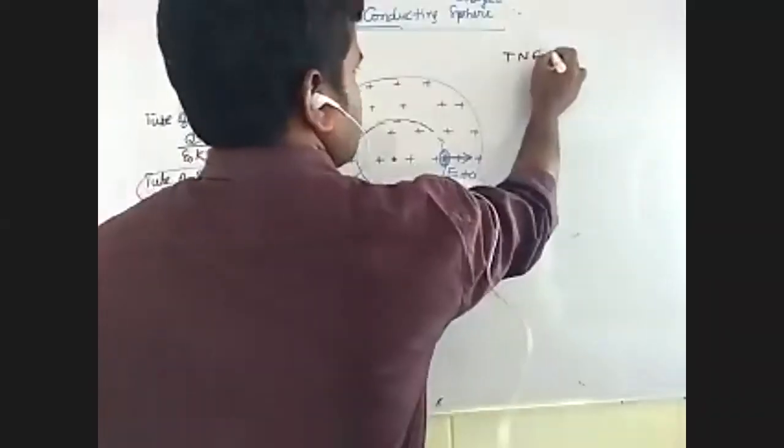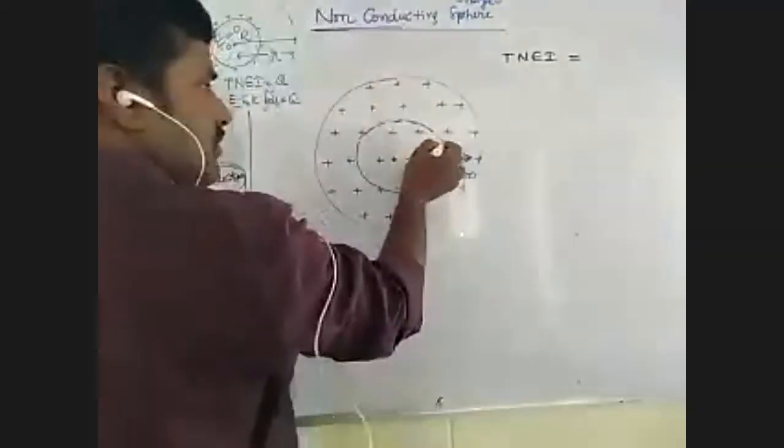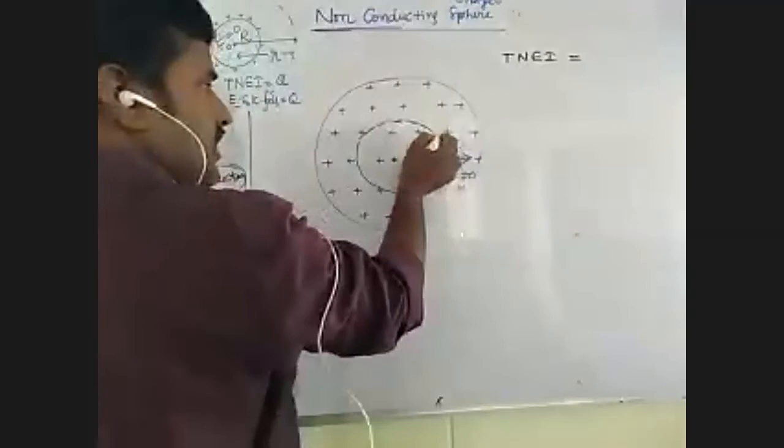So in this case, how do we find the intensity? Inside, the intensity is not 0. What is its value? Normal electric induction equals total normal electric induction over the Gaussian surface. What is the charge? Total charge is Q over a sphere of volume 4/3 pi capital R cube.